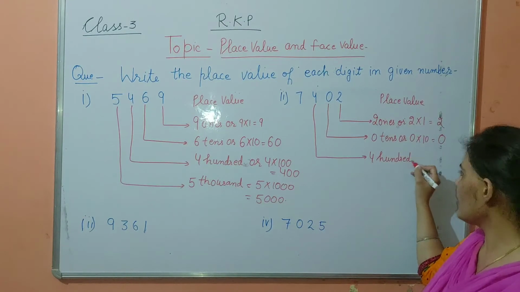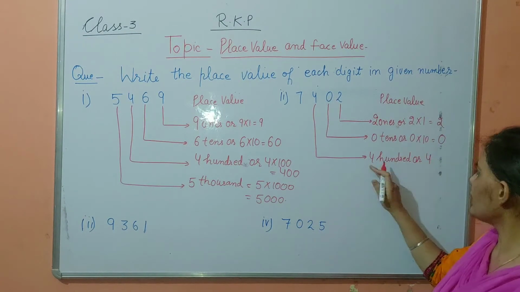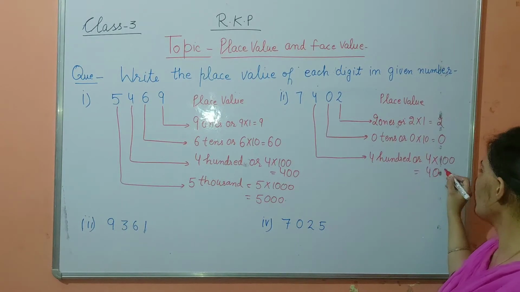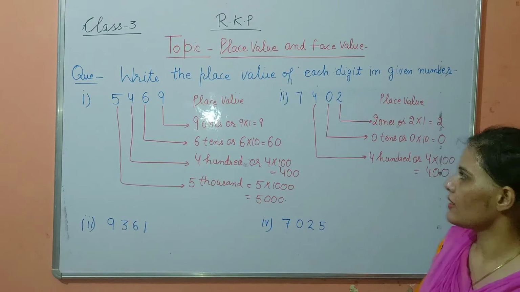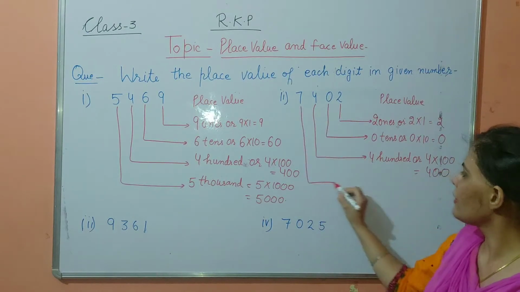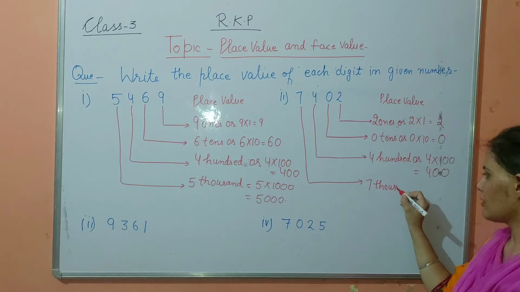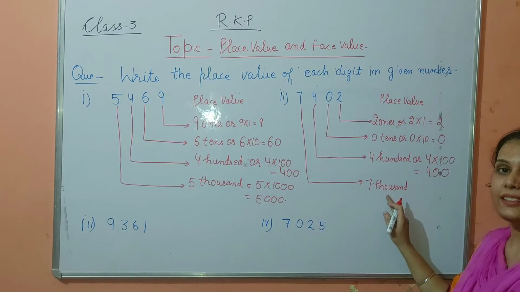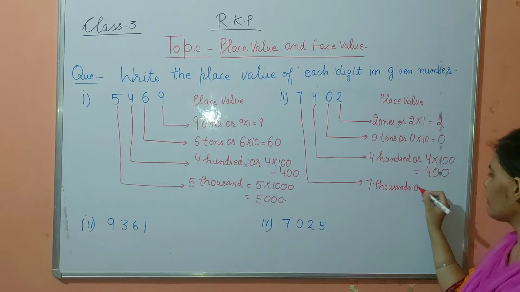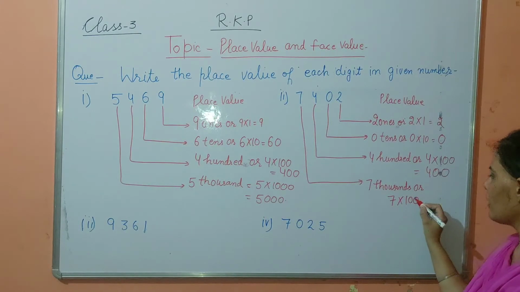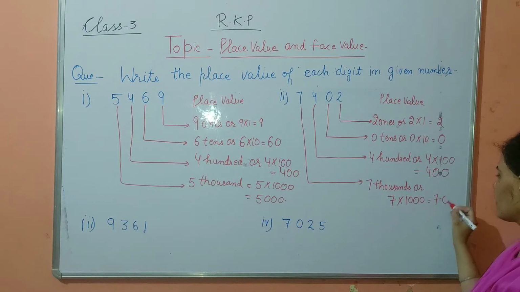Either write like this or just the digit multiplied by 100. You can write 400 like this. Similarly, 7000. Either write like this or just multiply this digit with 1000.